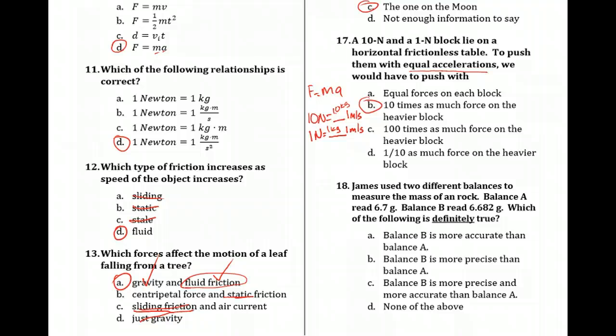James used two different balances to measure the mass of a rock. Balance A read 6.7, balance B read 6.682. Which of the following is definitely true? Well, balance B is giving us more digits here, so that is more precision. We know that for sure.